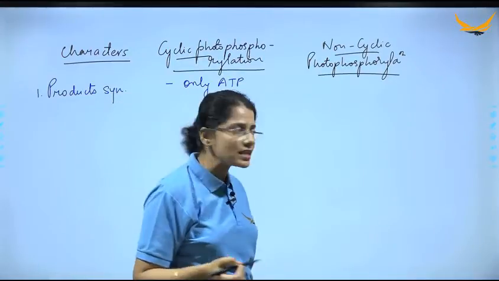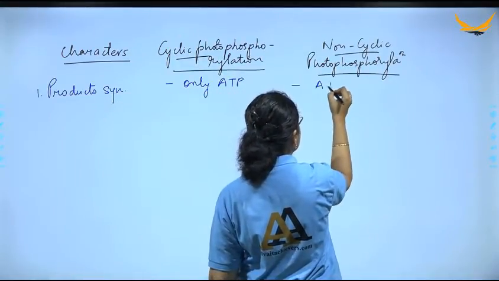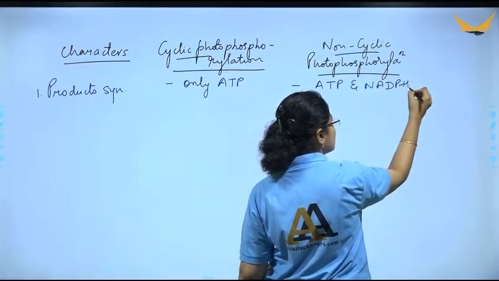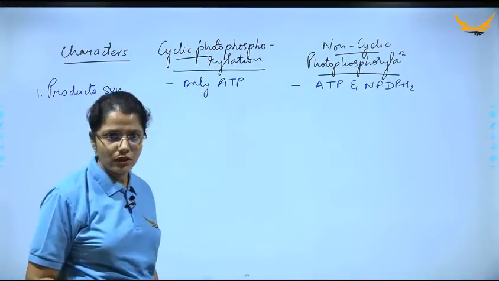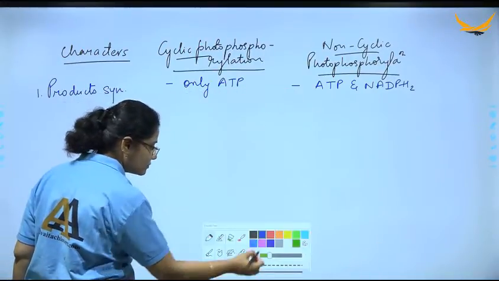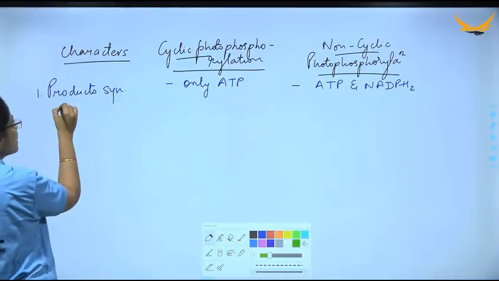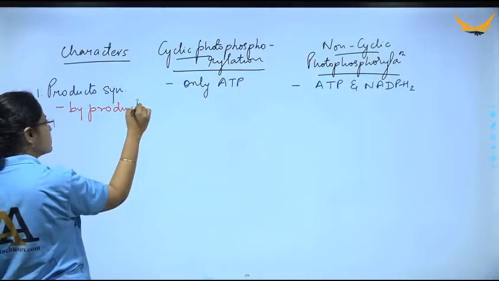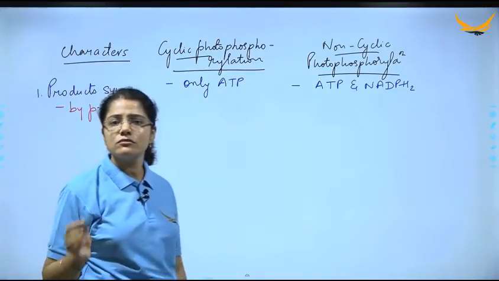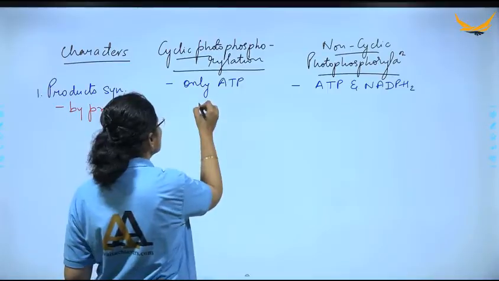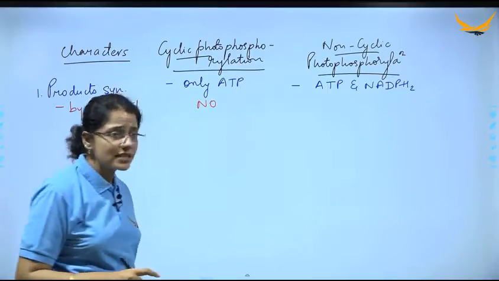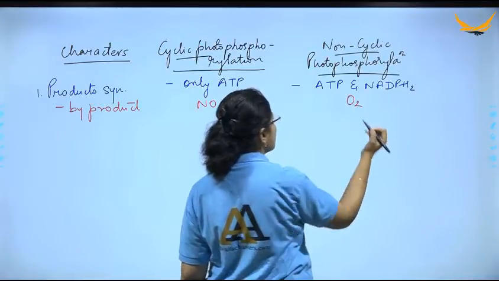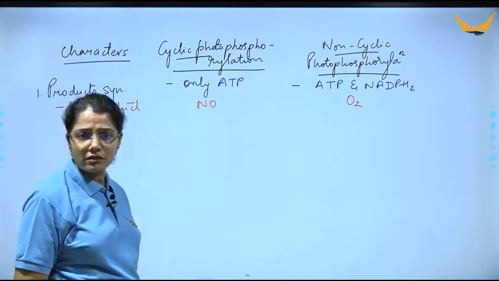Whereas in case of non-cyclic, we know it is ATP and NADPH2. Clear? Okay. Now another thing, we know कि एक बाई प्रोडक्ट की बात भी यहाँ करना जरूरी है. So बाई प्रोडक्ट. So in case of cyclic photophosphorylation, no byproduct is formed. Whereas in case of non-cyclic, we know that oxygen is being formed as the byproduct, right?